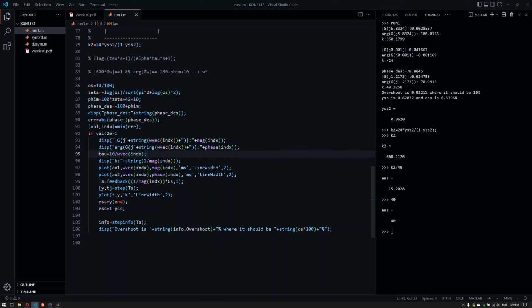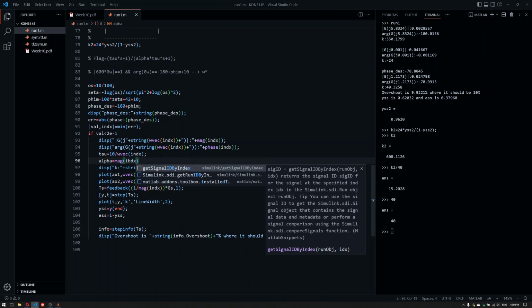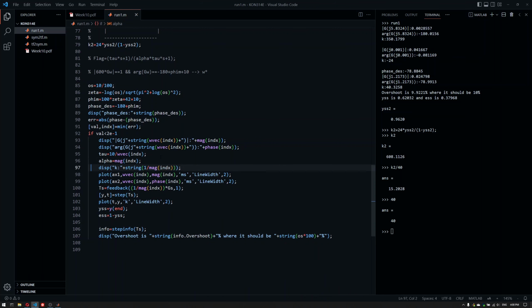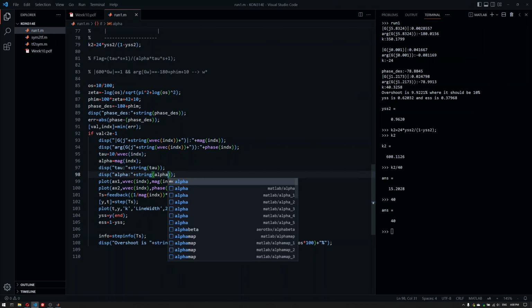Once we have that, we also have basically the gain value here, the magnitude. That's directly going to be magnitude index here. So therefore we have tau, and then alpha, again alpha.